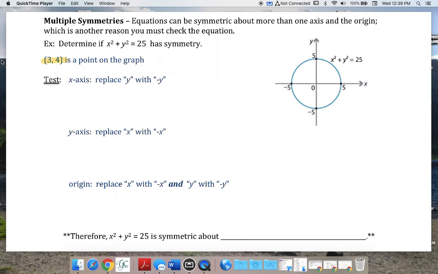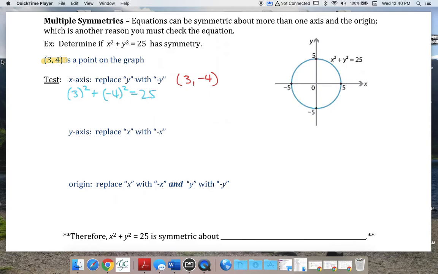So with x-axis symmetry, this is when we change the y value. We'll keep the x value the same, but we will change the y value to a -4. This is what we're going to plug in to see if our graph has x-axis symmetry. So we'll plug in 3 for x and -4 for y, and then we'll simplify.